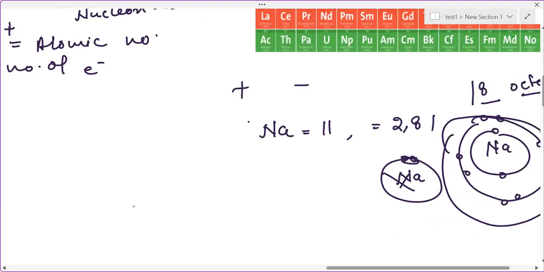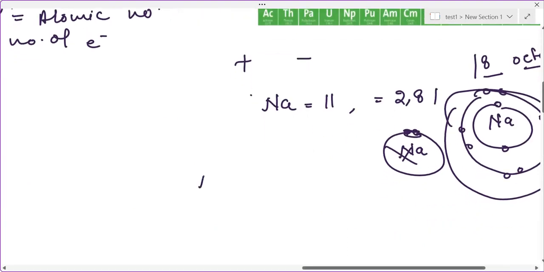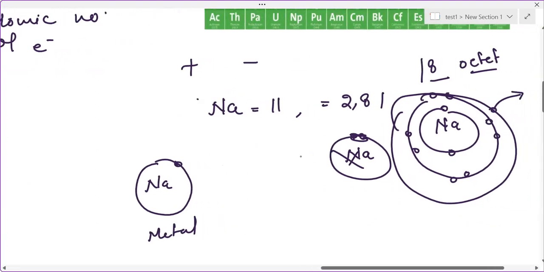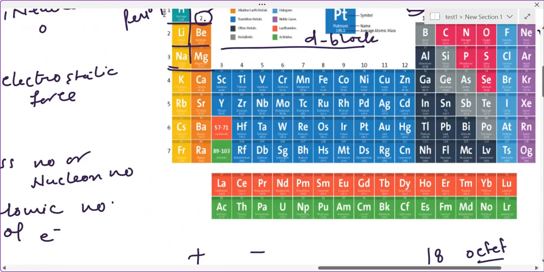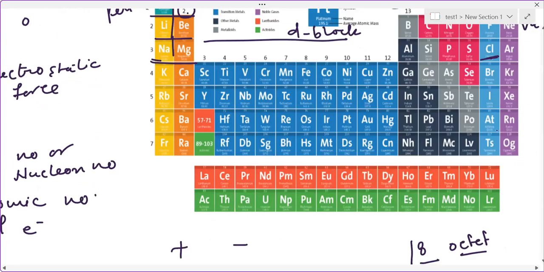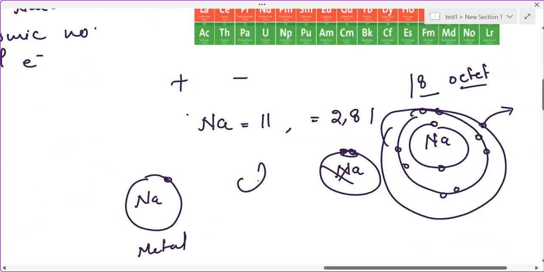So what does sodium do? Look here. I'm just going to draw the outermost shell. It has one electron in its outermost shell. It is a metal atom. And on the other hand, when we look at non-metals, chlorine has 17 electrons, right?